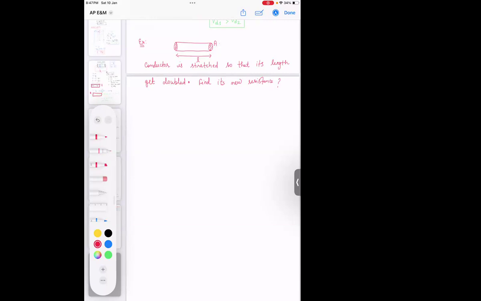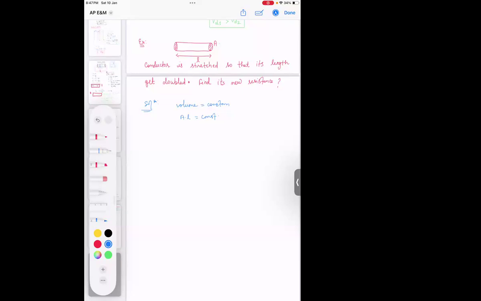Why so? Because the volume is going to be constant, isn't it? In this question, if I am stretching it, can I say the volume of the conductor is constant? So volume means area into length is constant. So if length gets doubled, area will get half.